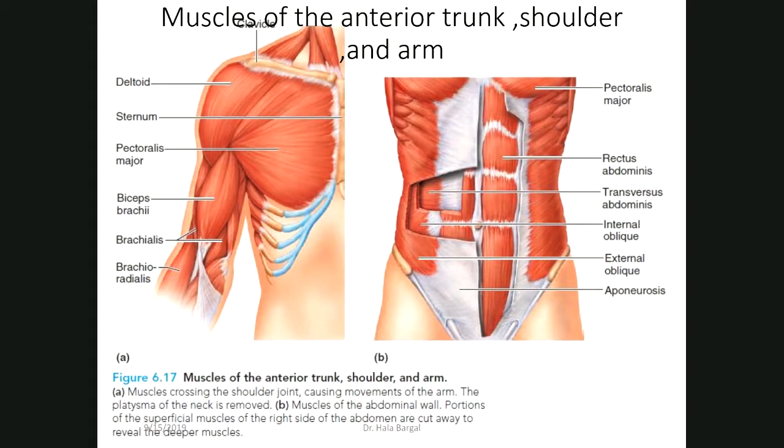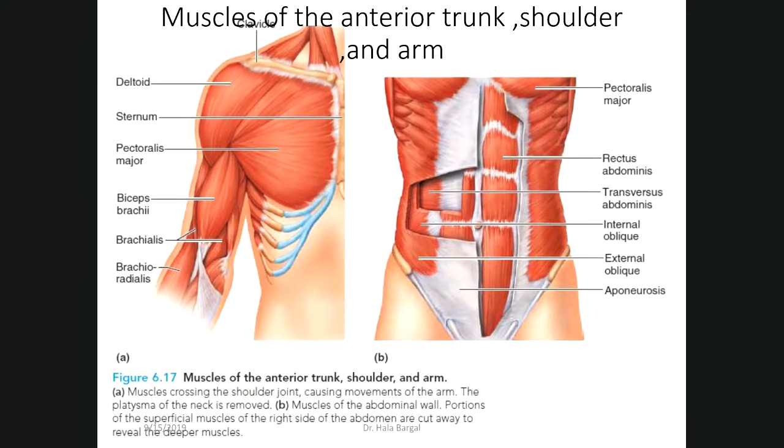Then this serratus anterior, which is named for its sawtooth appearance. It looks like a sawtooth, right? It is named after its shape, and we call this muscle also the swimmer muscle. Sorry, this muscle, serratus anterior, we call it the boxer muscle. It is very well developed in boxing people, right?